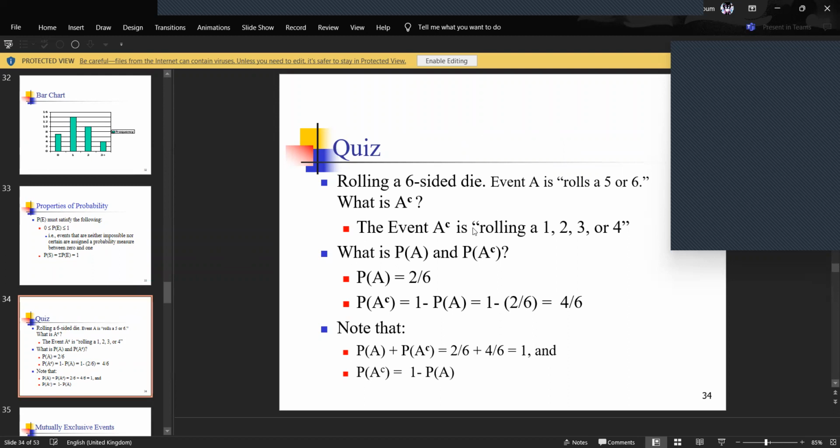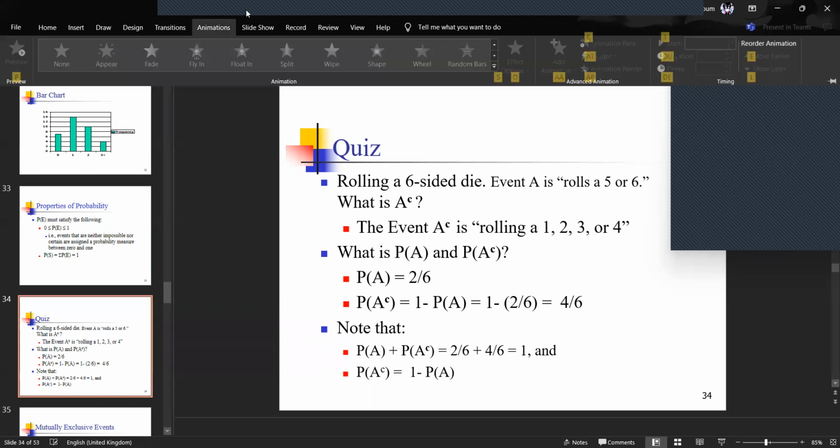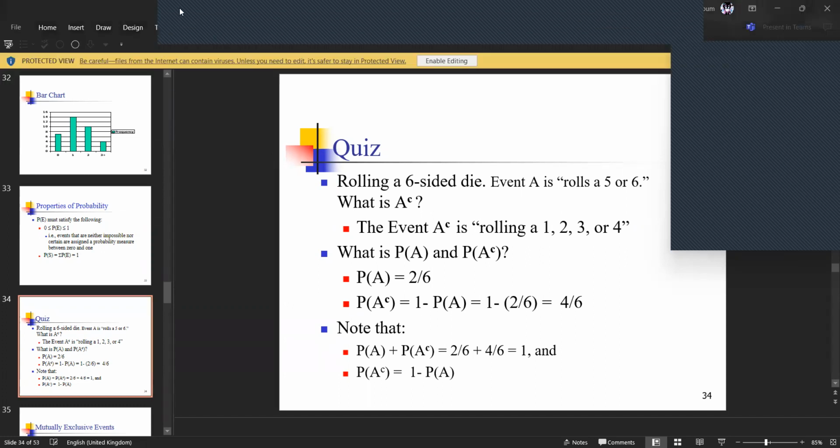Here's an example. You're rolling a 6-sided die. Let's take event A, and we've decided that event A is rolling a 5 or a 6. What is the probability of A, and what is the probability of not A?